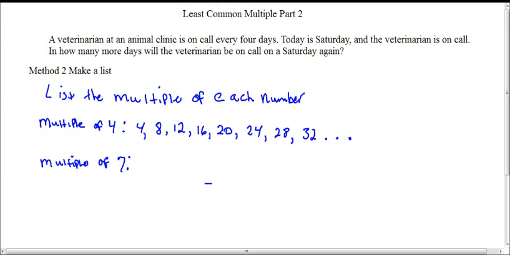Okay, well, what are the multiples of 7?